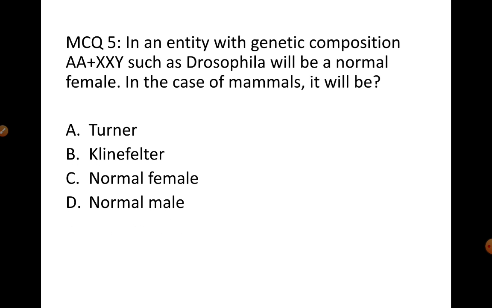It's a monosomy. It lacks one of the sex chromosomes. So the other option that is remaining is Klinefelter syndrome, which is the right answer, wherein you will find an additional sex chromosome or an additional allosome being present because of non-disjunction of chromosomes.